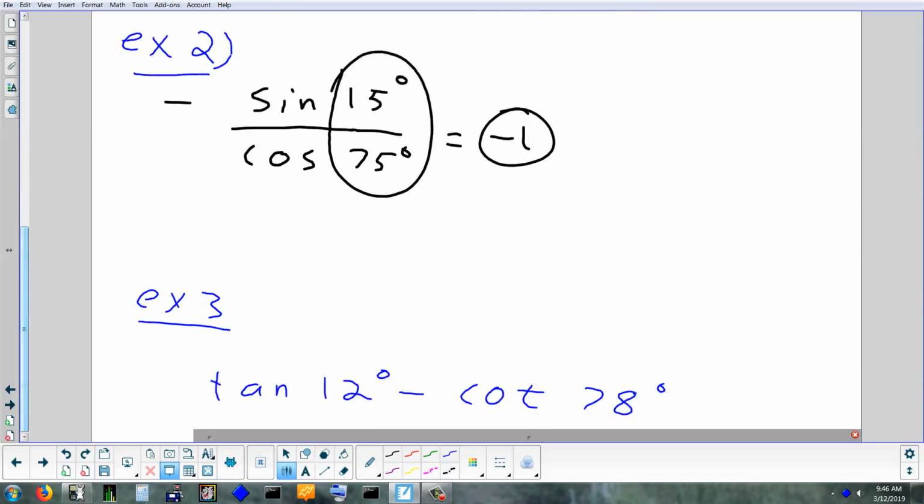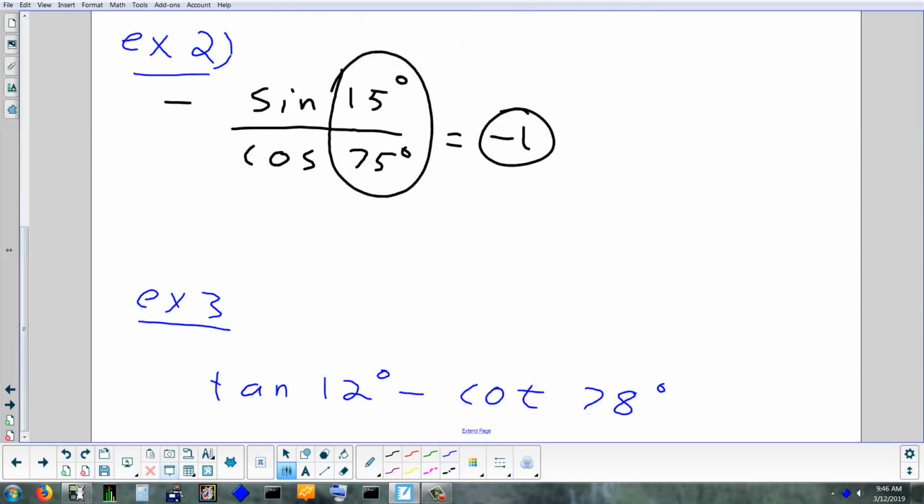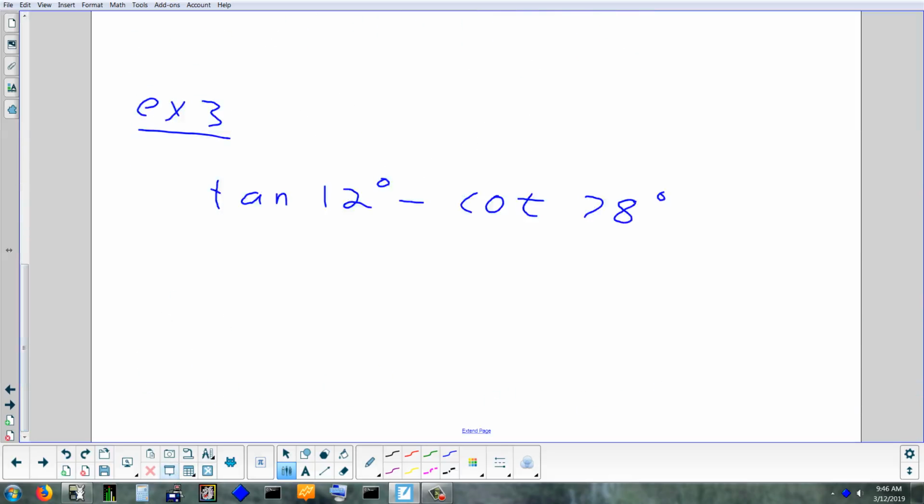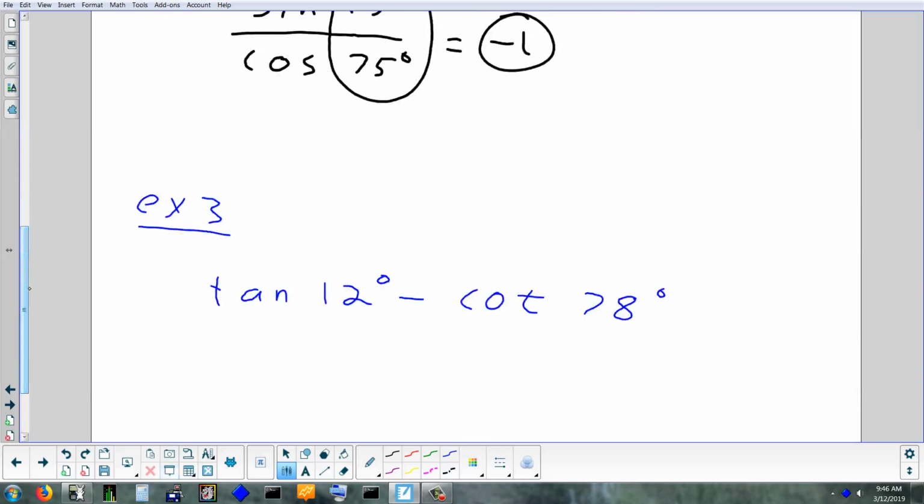All right, let's try this one. Tangent of 12 minus cotangent of 78. What do you notice about tangent and cotangent? Do you remember the theorem we're looking at? Those are cofunctions.